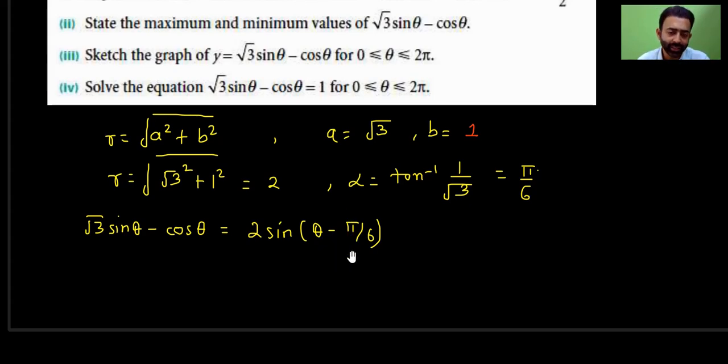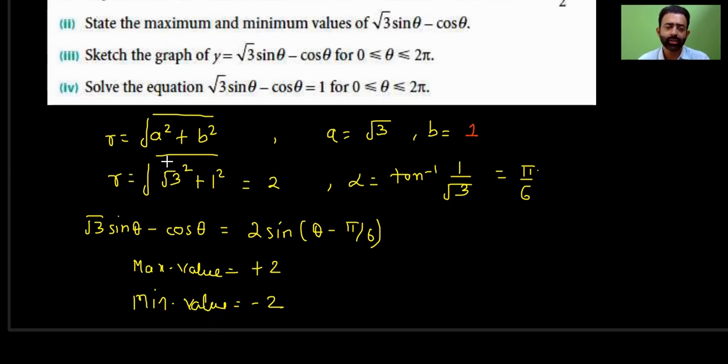So whatever goes inside the bracket, inside these angles, the maximum value this sine can generate is just plus 1, and since this is plus 1, the maximum value of this expression is 2. Similarly, the minimum value is minus 2. So you can write this as: maximum value is plus 2 and minimum value is minus 2.